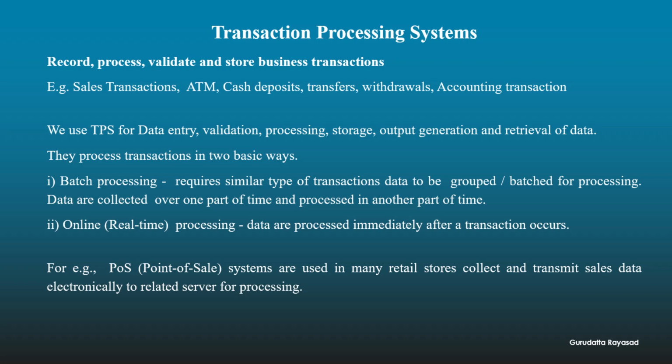And let us look at transaction processing systems. These are the types of information systems which record, process, validate, and store business transactions, and the information is useful for processing and recording as well as obtaining specific information from these systems.